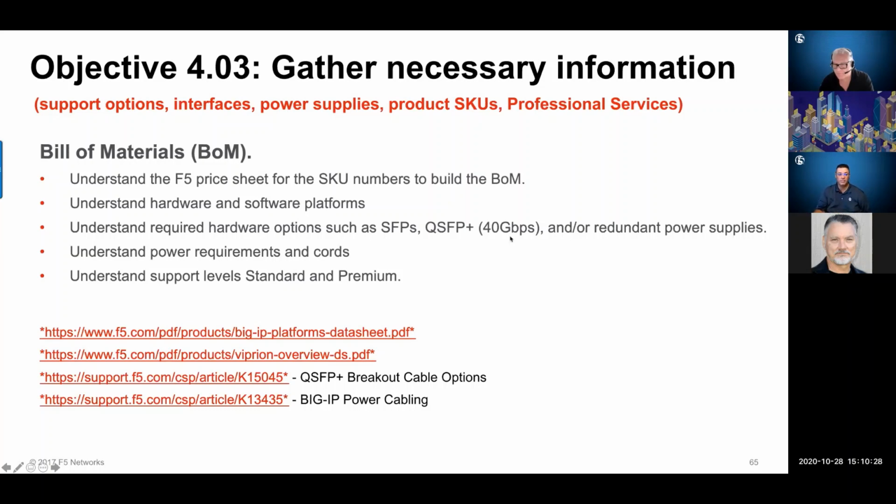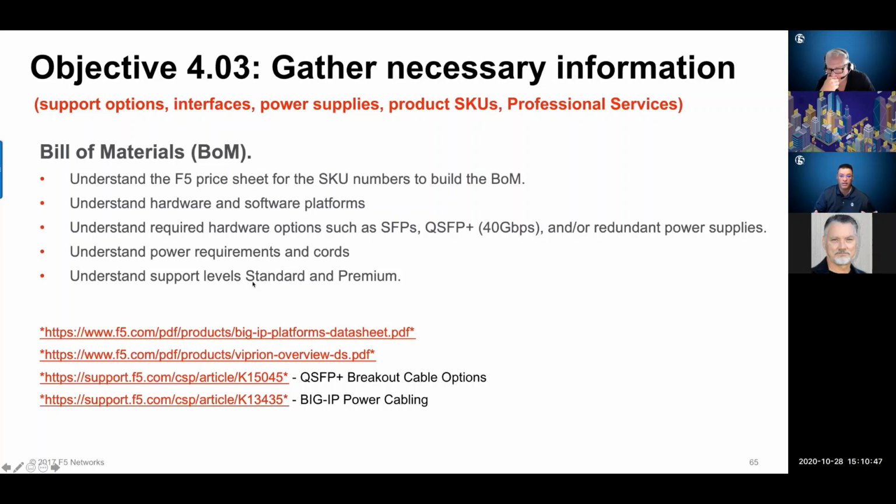Other things people tend to forget: power supplies. Some of the appliances don't come with redundant power supplies by default. You have to add that as a line item. And understand, we put links to all this, support. Understand the difference between standard support and premium.